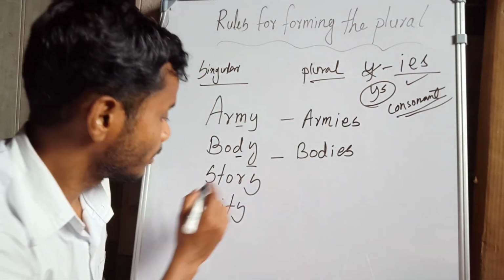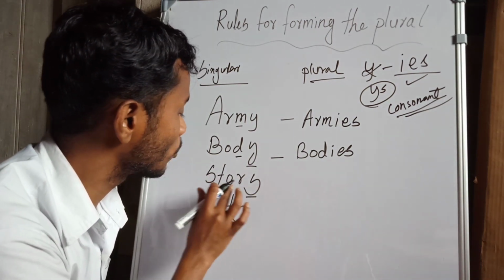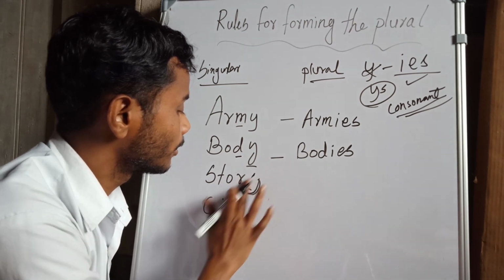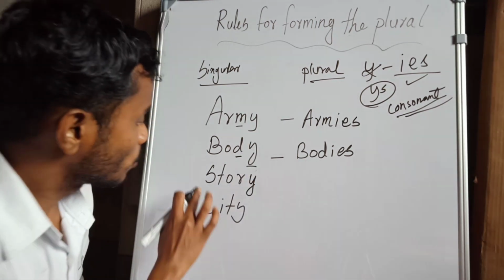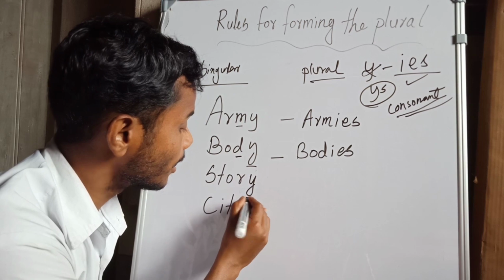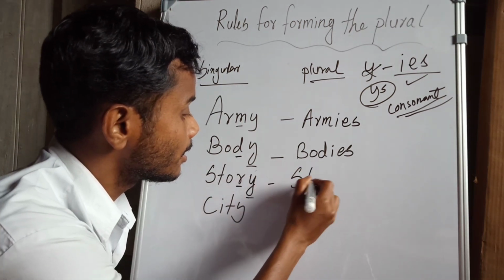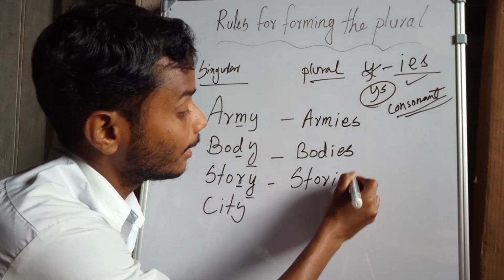Very simple. Same thing, story. STORY. Y is there. Okay, I will write down properly. So story is there. You have Y is there, before it a consonant is there. What do you have to write down? STORIES, stories.